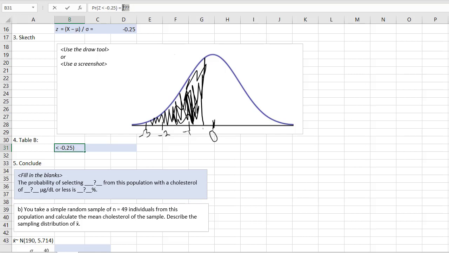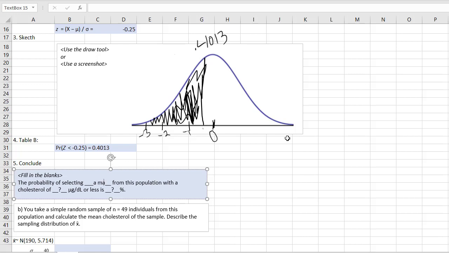And when we look it up in the back of the book, we have 0.4013. So what is this saying? That is saying that this little p-value right here is 0.4013.